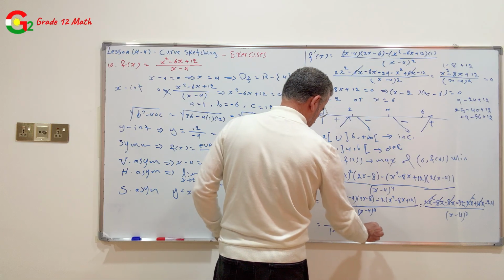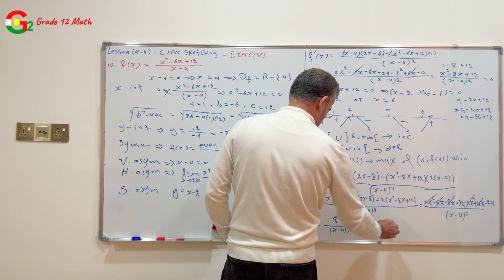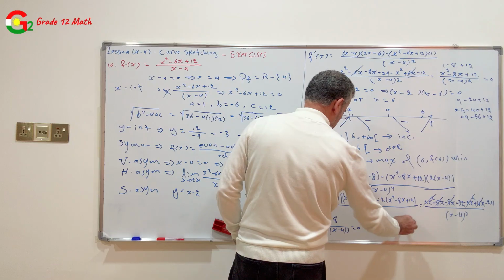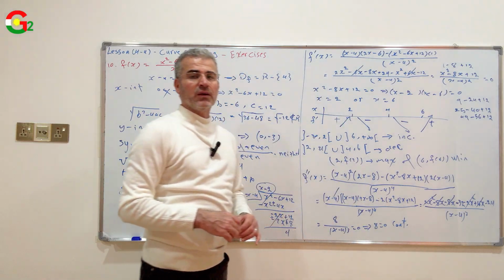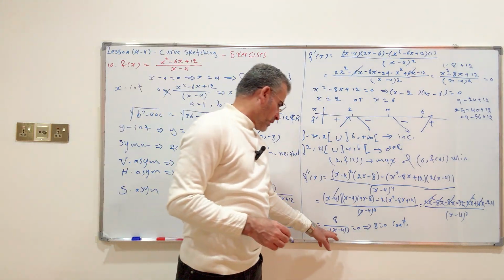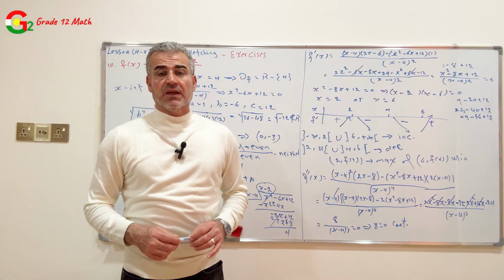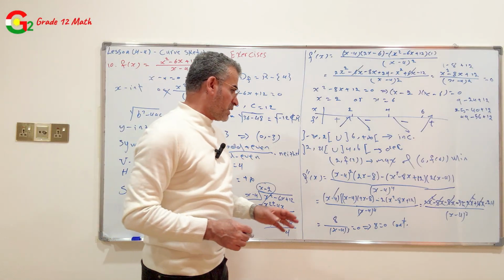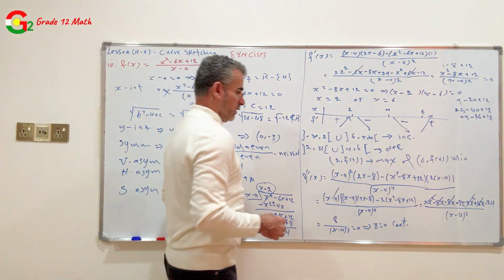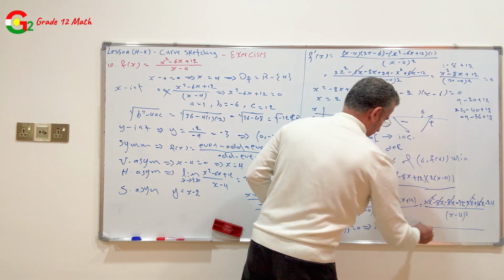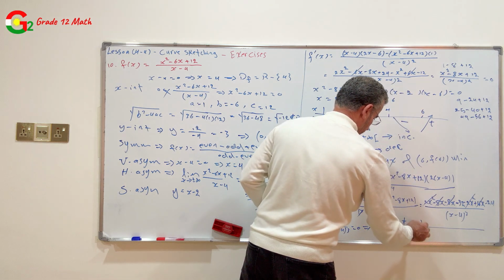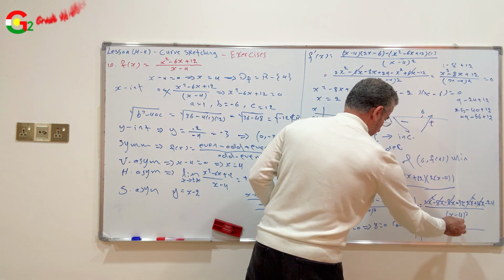Set it equal to 0. Cross multiplication, 8 equals 0. Contradiction, there is no critical point. And the second derivative is undefined at x equals 4, but x equals 4 is not within the domain of this function. We find the sign of the second derivative before and after 4.